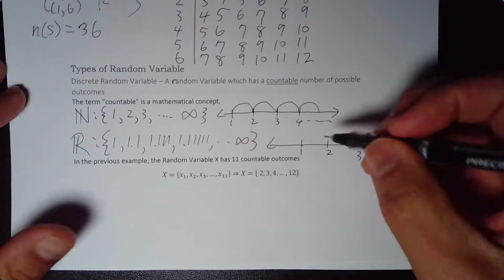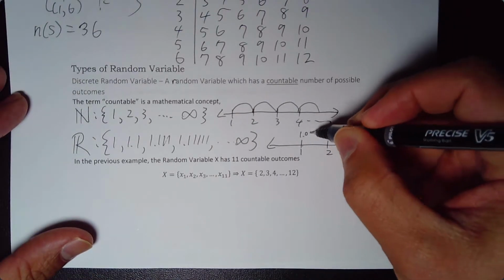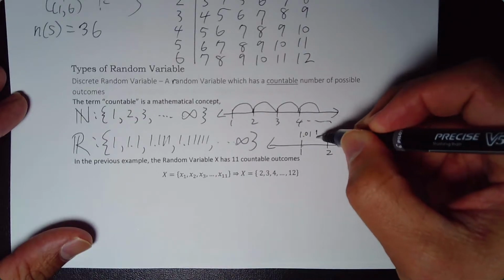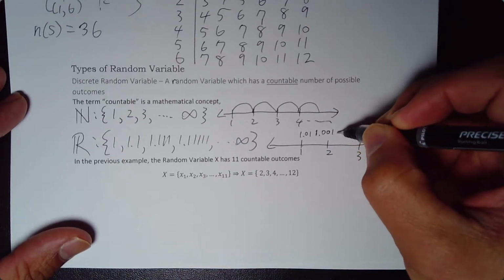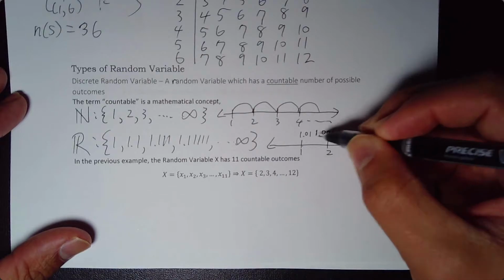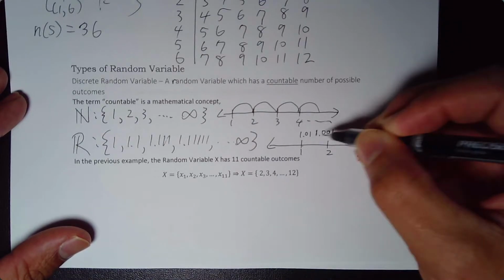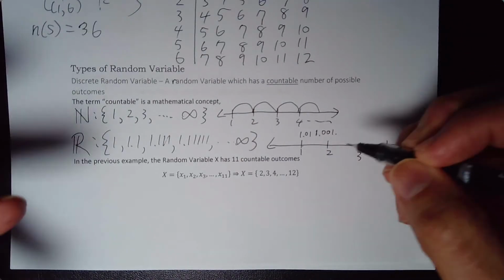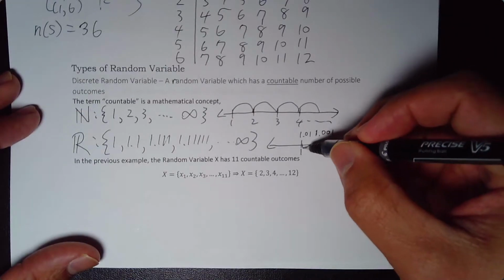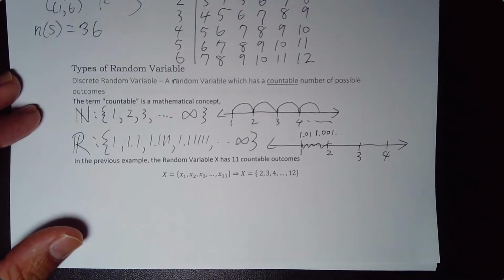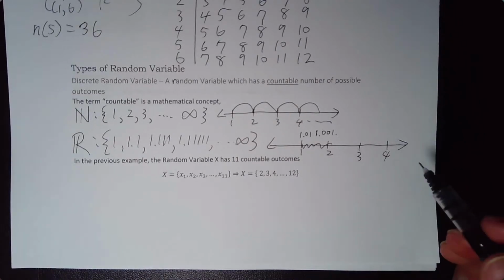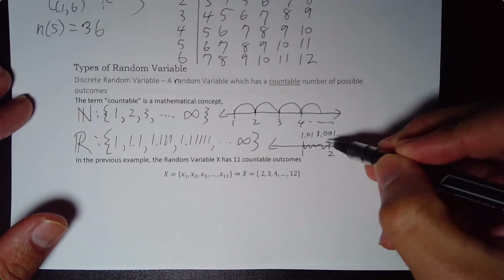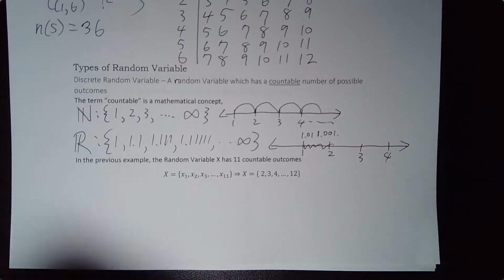No, because I can count 1.01 and then 1.001, and so on. Anyway, get my point. There's an infinite number of numbers between any 2 points, and so I can't move forward. I will never finish counting here. This is what we mean by not countable.